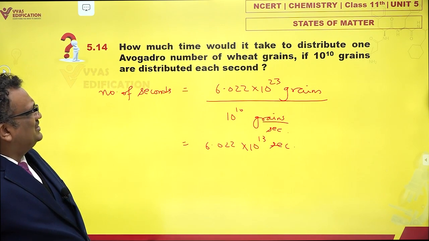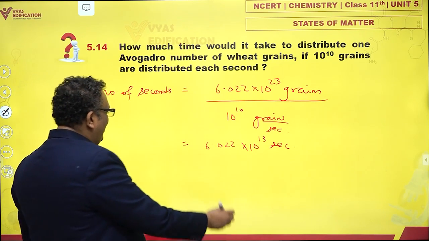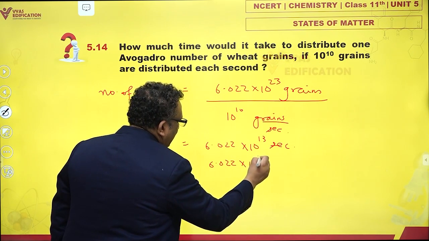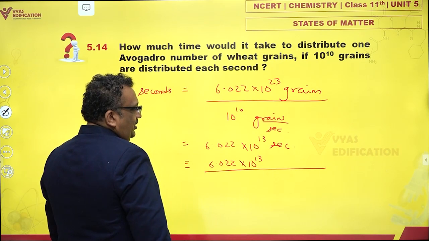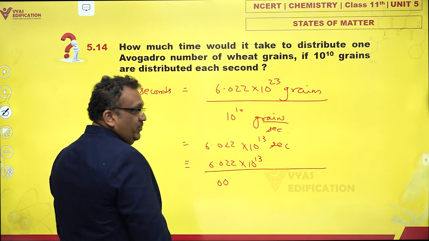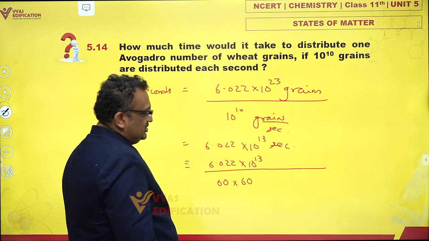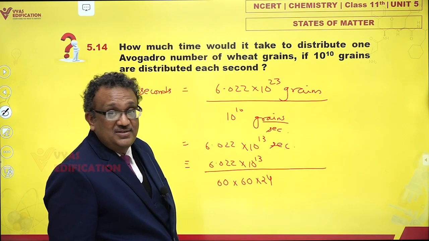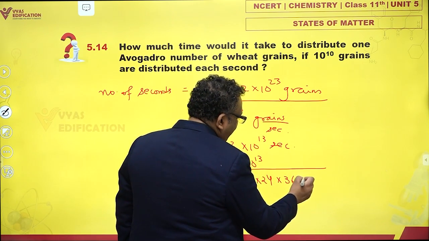Is it fair to leave this in seconds? Let's convert it to at least years. 6.022 into 10 raised to 13 seconds. Divide by 60, so many minutes, divided by 60, so many hours, divided by 24, so many days, divided by 365, so many years.